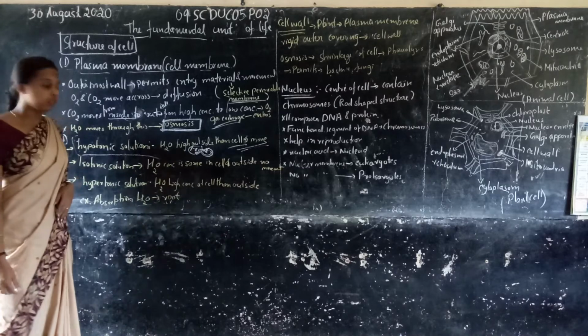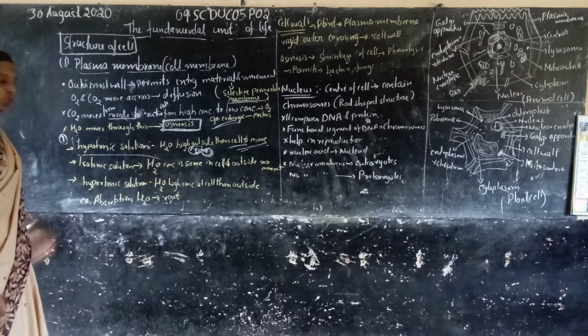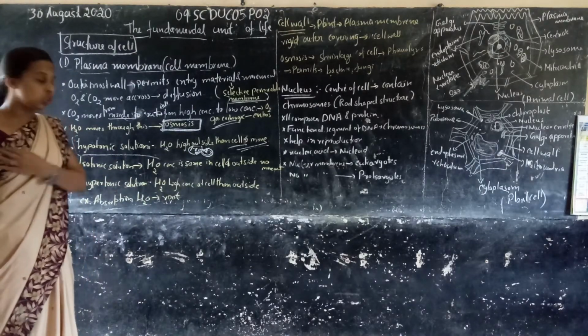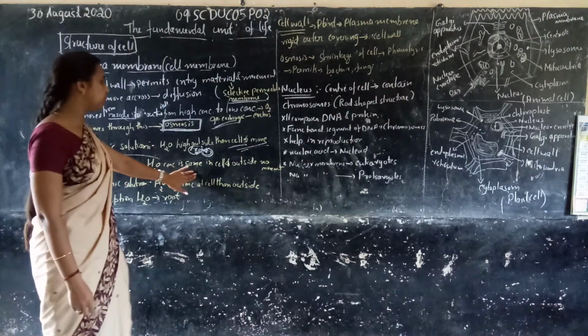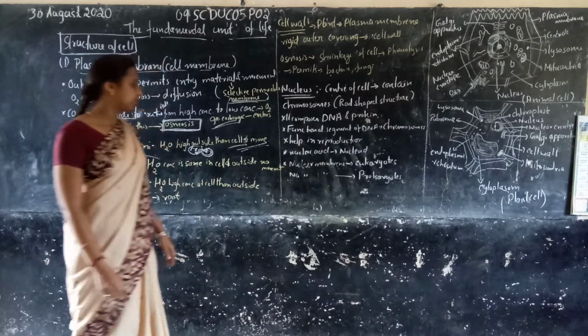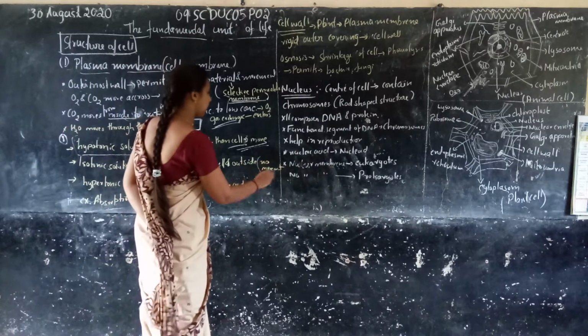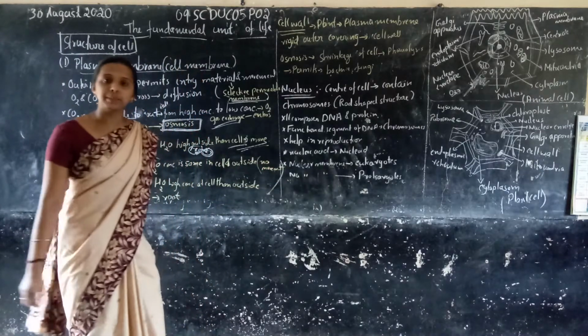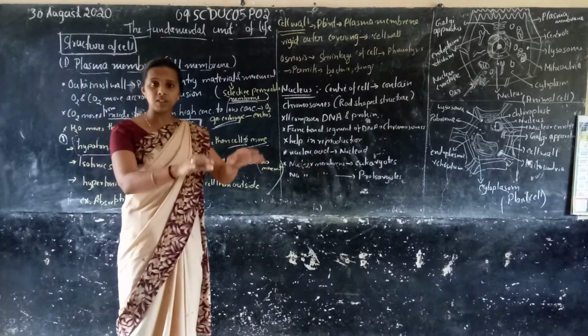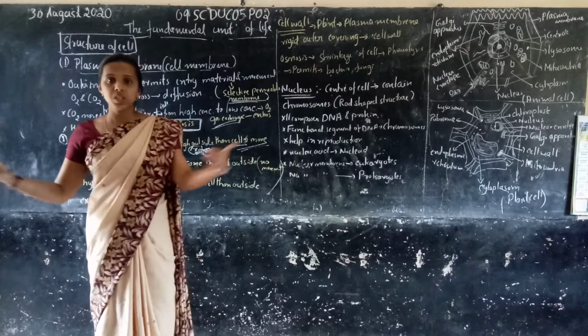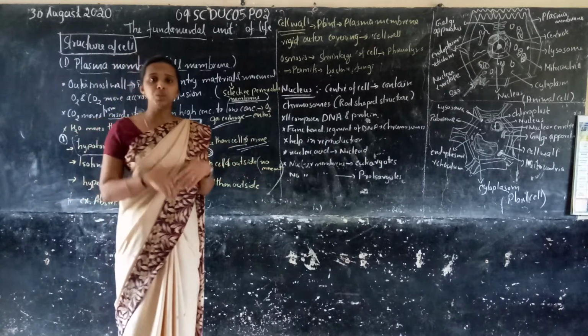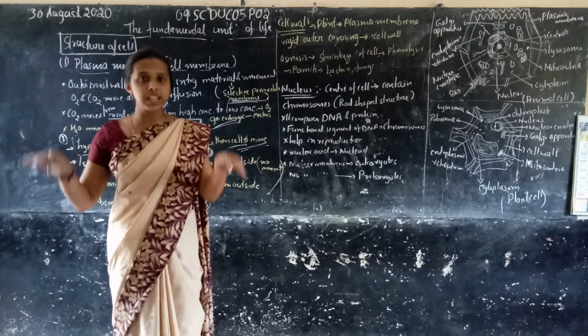What is the second one? Isotonic solution. Isotonic solution means the water molecule concentration is the same in the cell and outside. What happens that time? The water molecule concentration is the same inside the cell and outside the cell, so there is no movement. Why would they move? Their concentration is always the same, right?